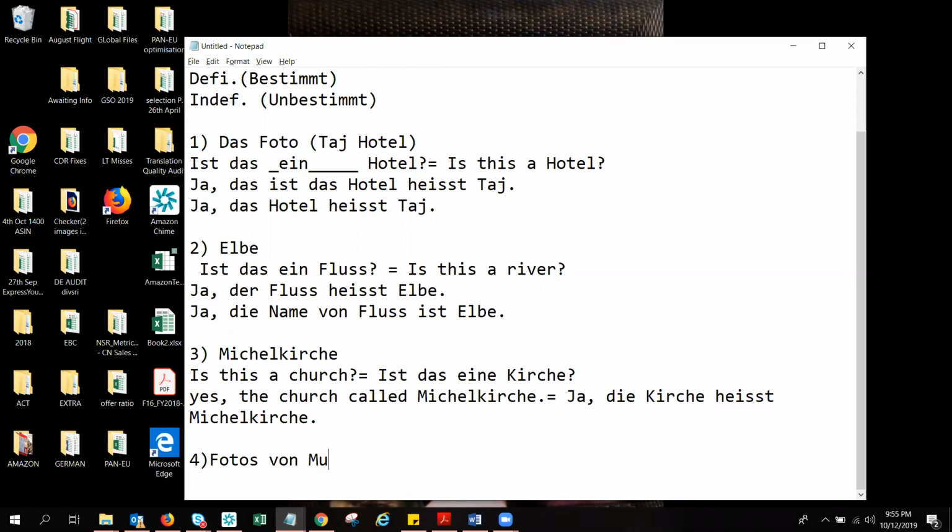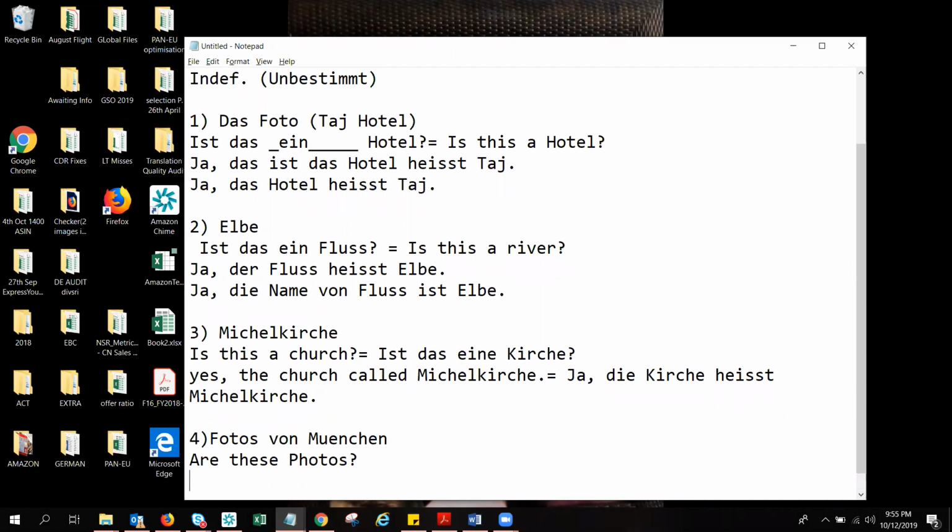So it will be, are these photos? Yes, these are the photos of München. Yeah, please continue.